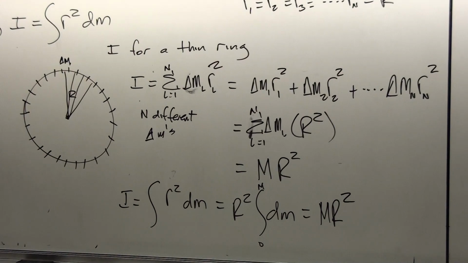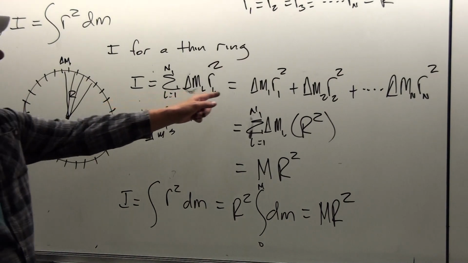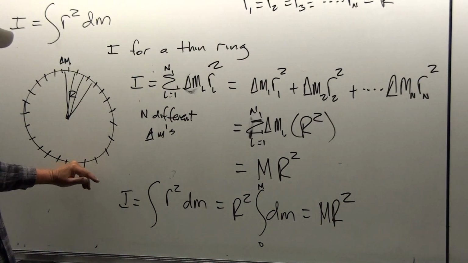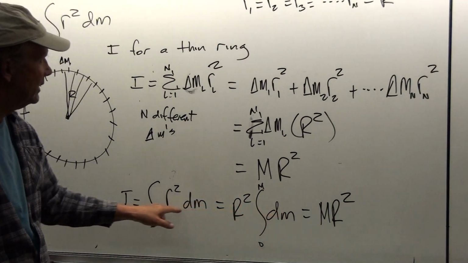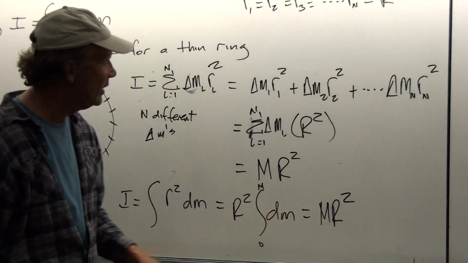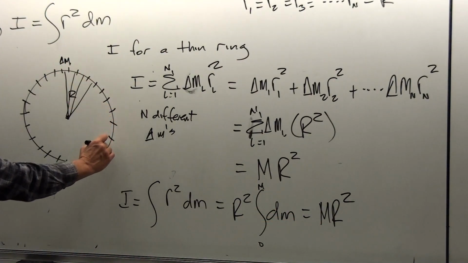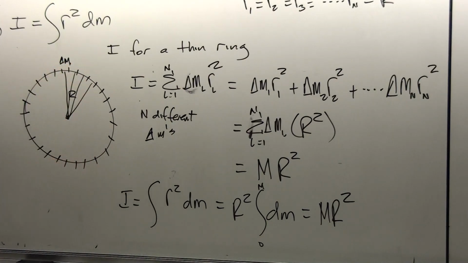And we'd expect that that would be the same whether we broke it up into distinct elements that are all a distance r away, or we did a continuous process of letting one delta m blend into the next and making them all dm's. Okay, so that's a pretty simple result.